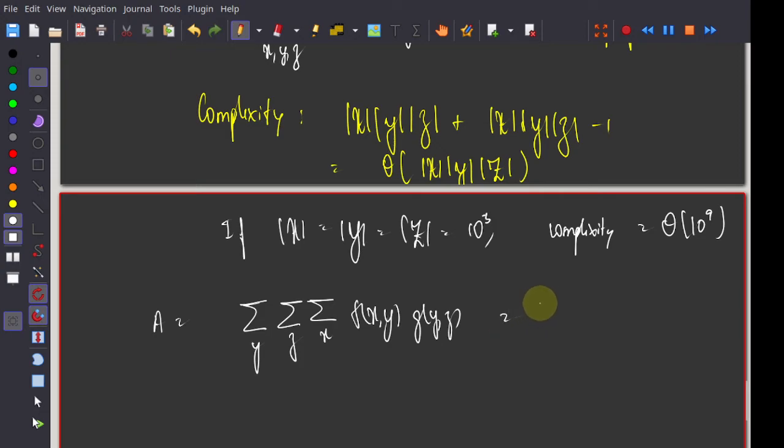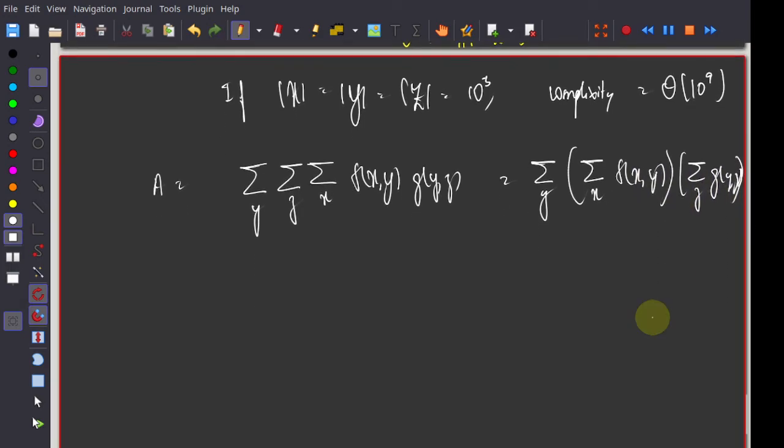So this is just summation over all y of summation over x, f of x y, times summation over z, g of y, z. Now let's count the number of operations required.